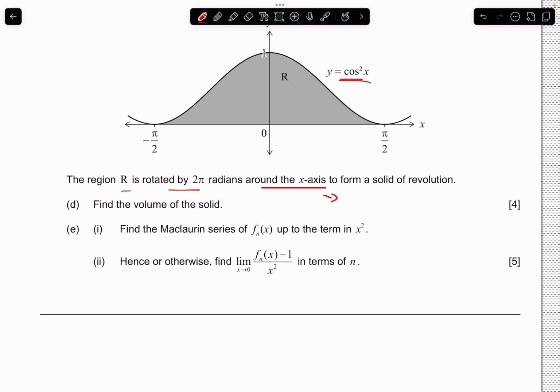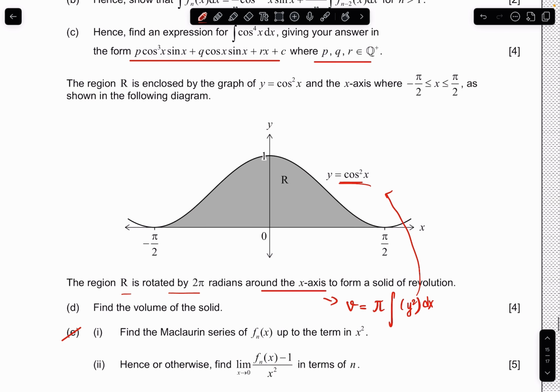The fact that it's rotated around the x-axis shows us that to calculate the volume, we're going to do dx, and then we're going to have to do y squared inside here. And y squared, of course, we're going to write in terms of this. Find the volume of the solid. I'm not going to be doing part E, so this is going to be our last section.